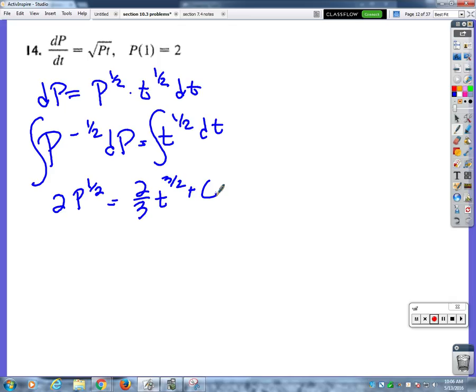So you can divide by 2, which is the same as multiplying by 1/2. So p to the 1/2 equals 1/3 t to the 3/2 plus c.